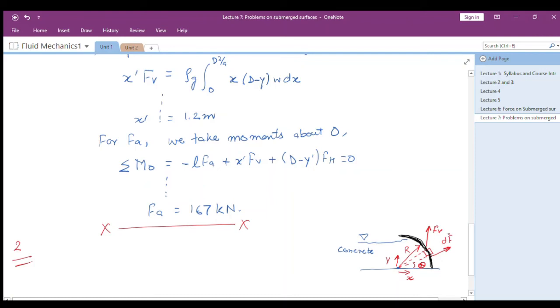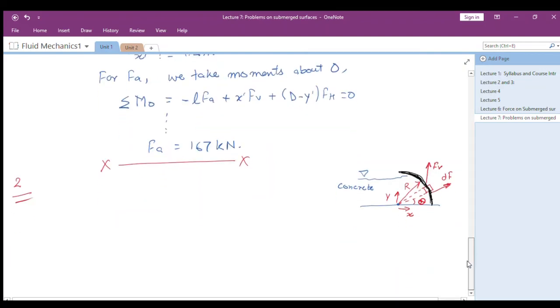Okay. This is something which I can find. Now, if that's my problem, then this particular portion which I have drawn here, this red one, it's very small.